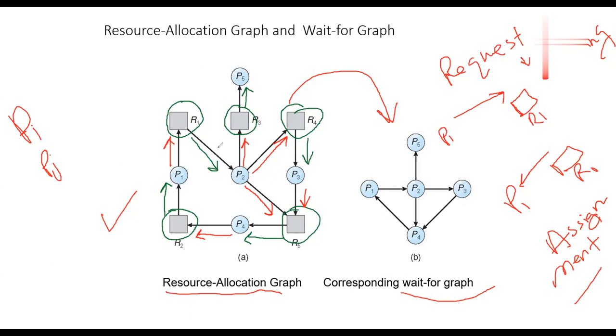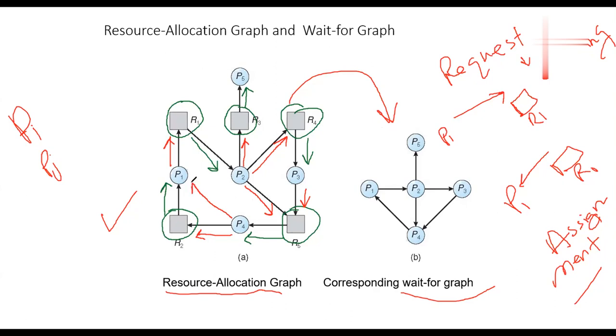Based on the waiting and holding situation, we will draw this. Now in this wait for graph, you first have to eliminate the resources. Eliminate the resource and directly find that P4 is waiting for R2. When will it be released? It will be released by P1.